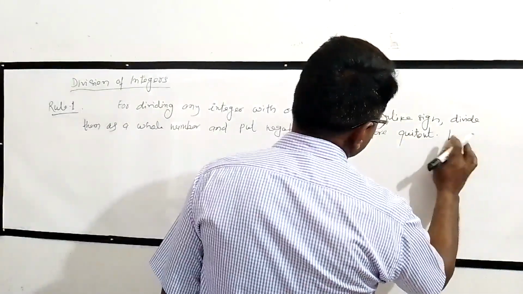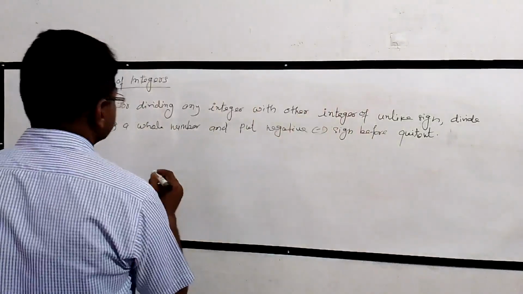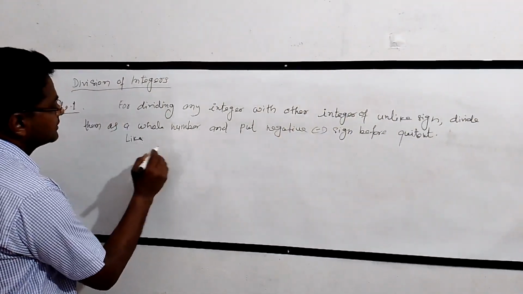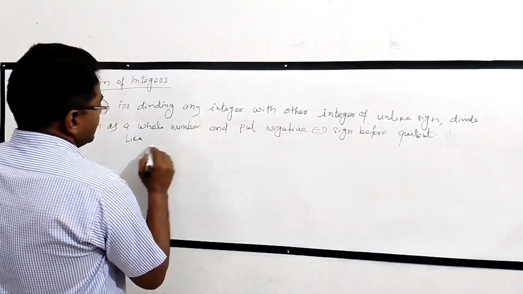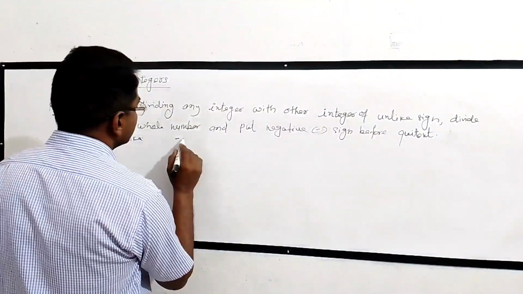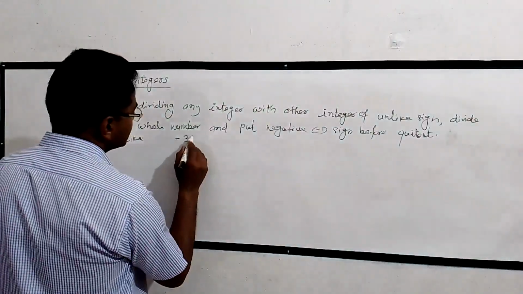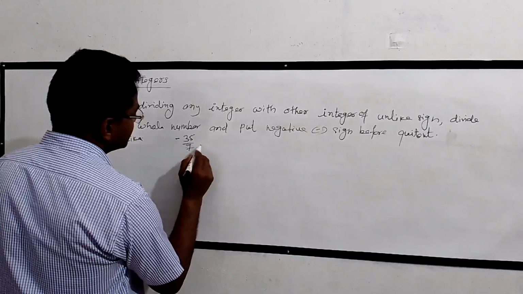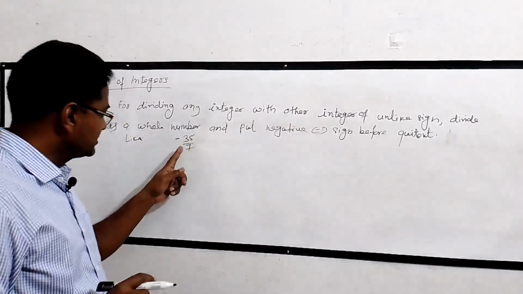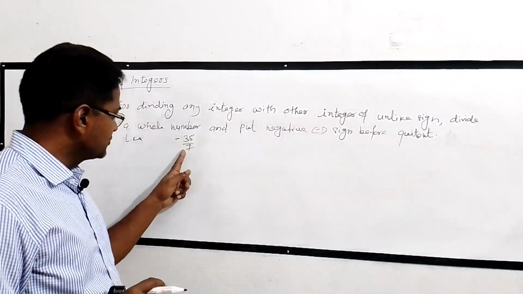Like, you can say, minus 35 by 7. Here you are getting that this is a negative integer and this is a positive integer.